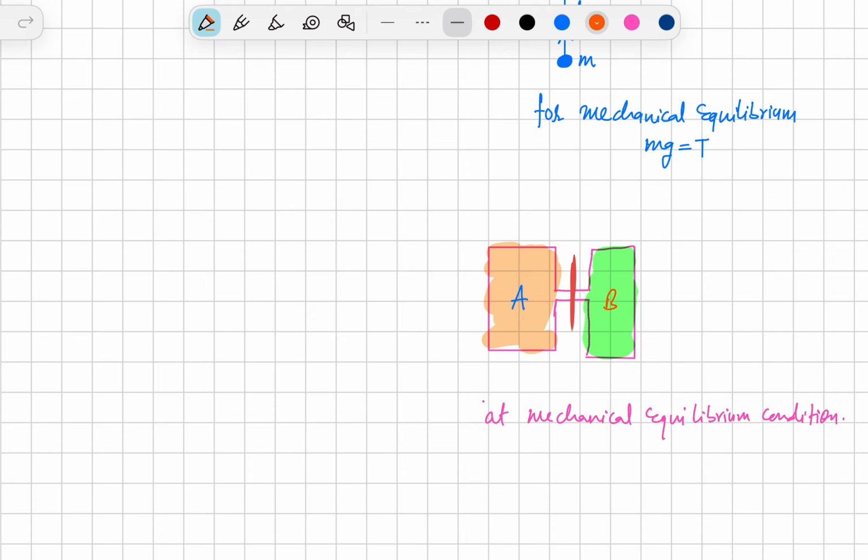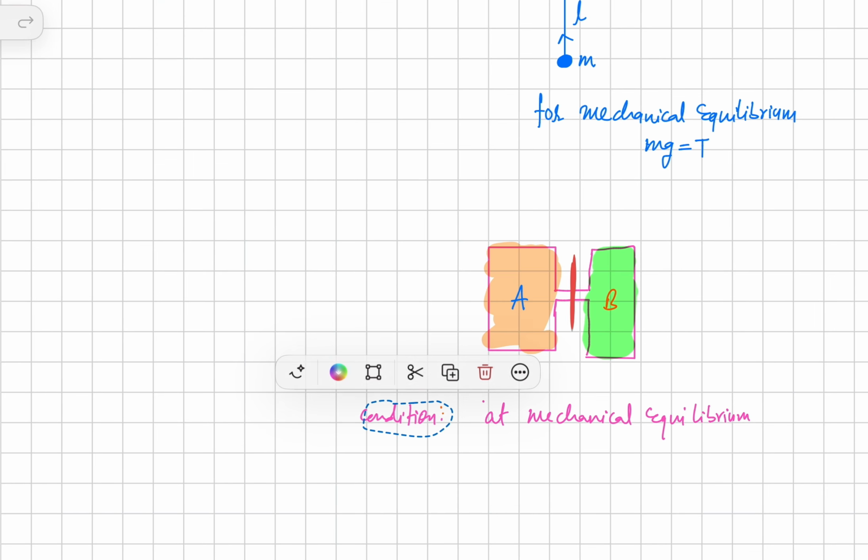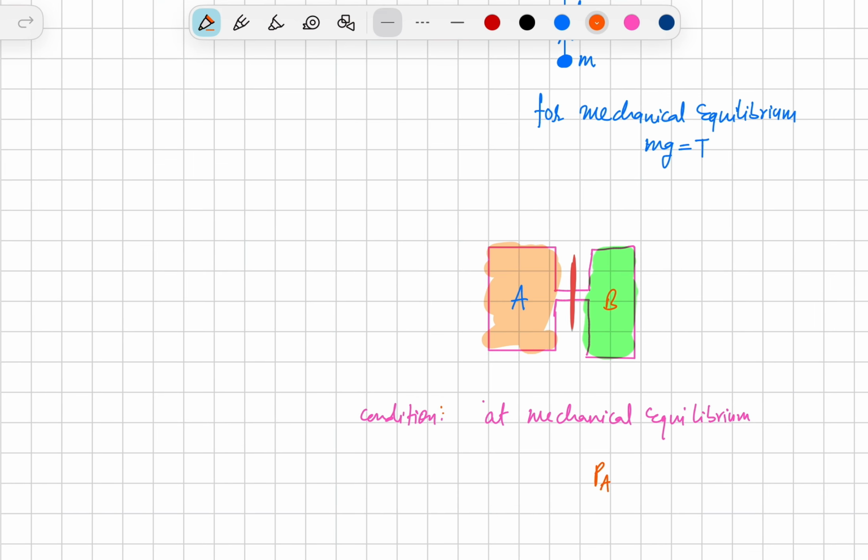So at mechanical equilibrium, or you can say it like this, the condition at mechanical equilibrium is PA, pressure of A, equal to pressure of B. So are you able to make some analogies?